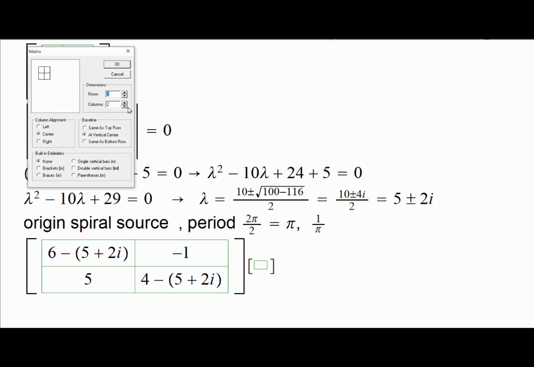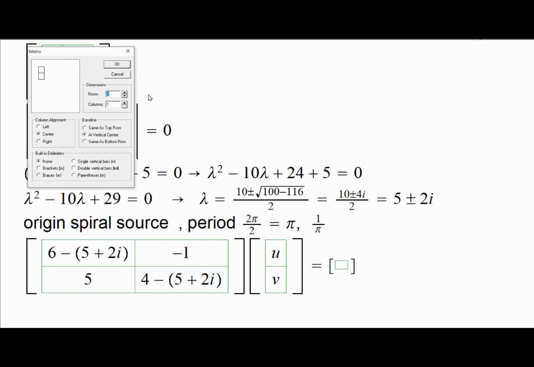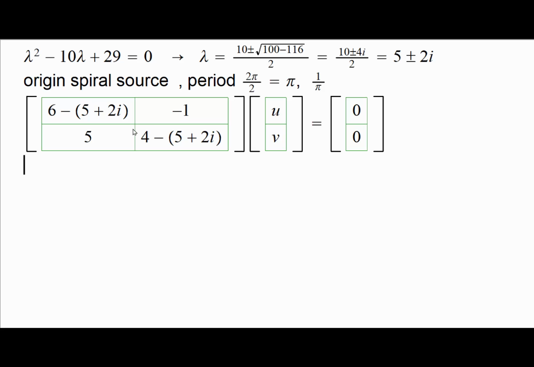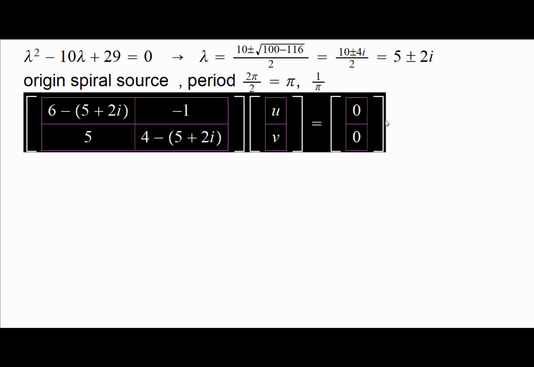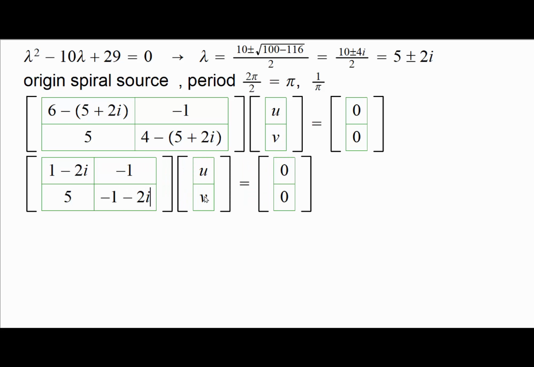Let u, v be an eigenvector. What we will have to do is solve this equation, setting it equal to 0, 0. Simplifying, you get 1 minus 2i, then -1 minus 2i here.